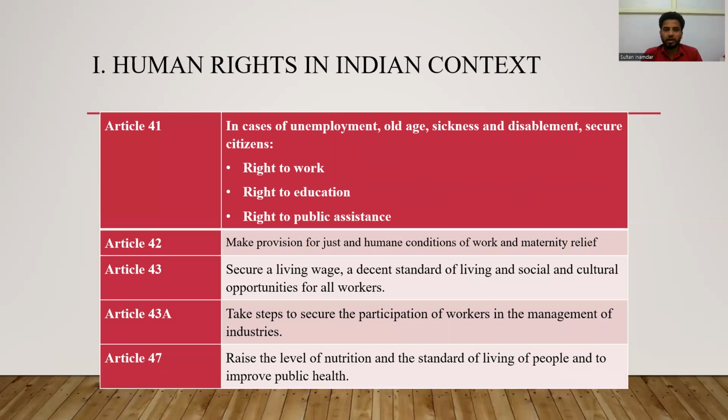Along with that, Article 41 is there. In case of unemployment, old age, sickness, or disablement, it secures the right to work, right to education, right to public assistance. When you don't have a job, when you don't have a good economic condition, in such a way we can assist those needy people.